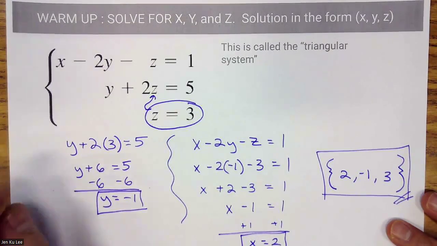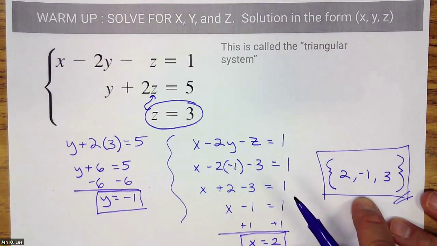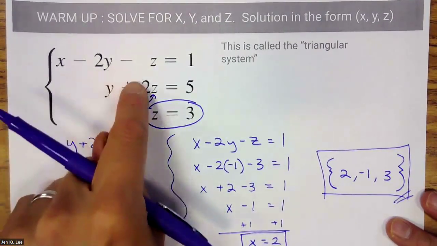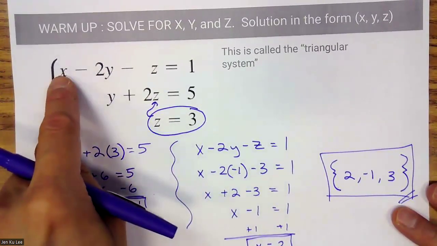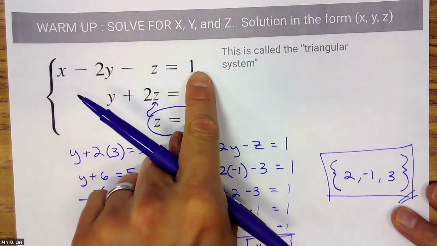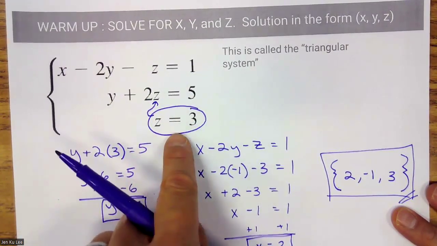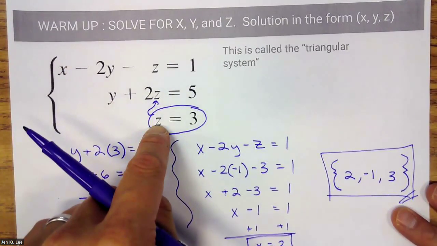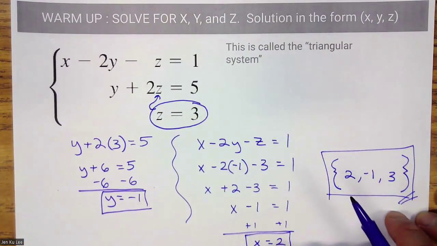No? So now our goal shifts. What we're going to learn today is how to get my system to look like this, where one equation has all three variables, the second equation has two variables, and the last equation has one variable. Once we get this system, we can just perform these steps to find my solution.